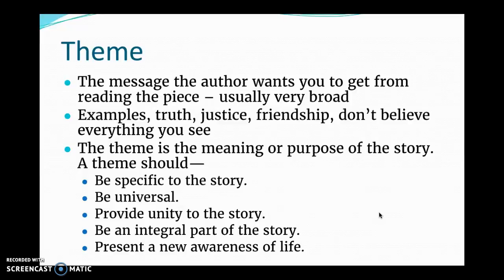The theme should be the meaning or the purpose of the story. It should be specific to the story, universal, meaning the majority of people should be able to understand, provide unity to the story, be an integral part of the story, and present a new awareness of life.